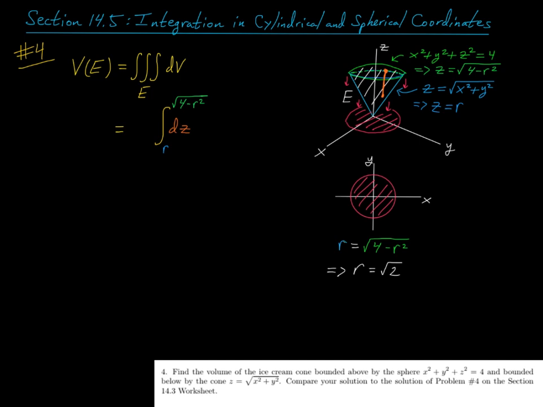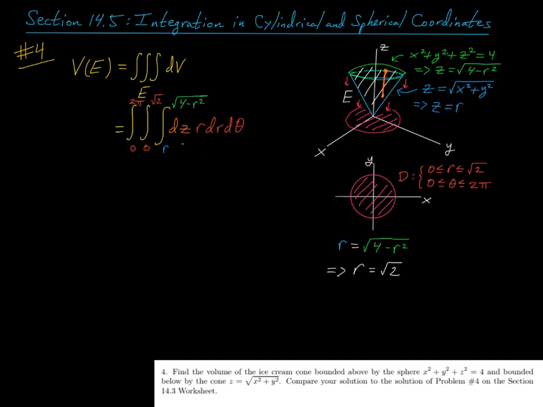So if I set the cone equation and the sphere equation equal, I get that the radius r of this boundary circle is the square root of 2. So down here, I can describe this disk as the set of all points in polar coordinates where r varies from 0 to root 2 and theta varies from 0 to 2 pi.